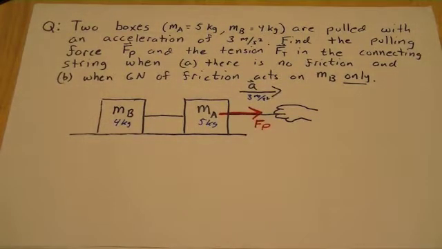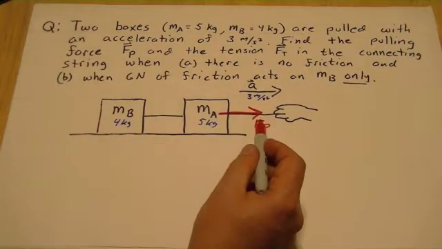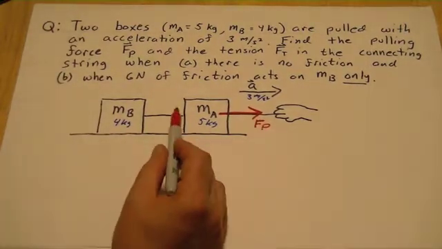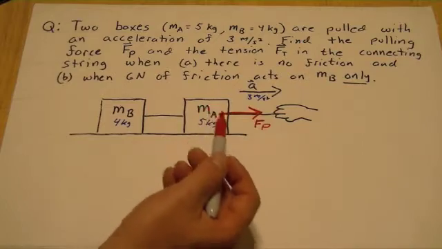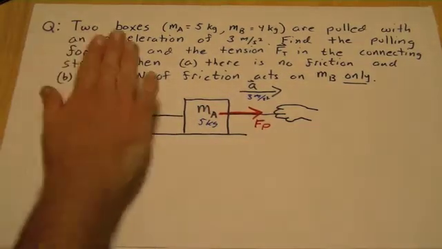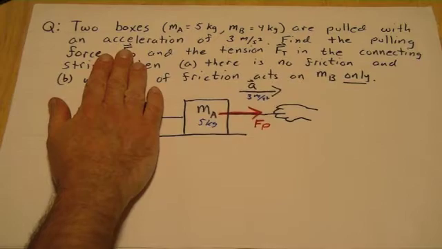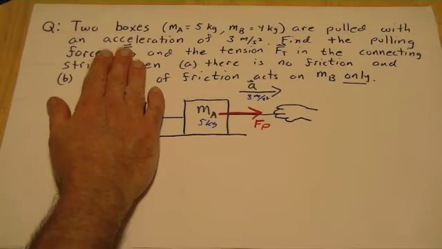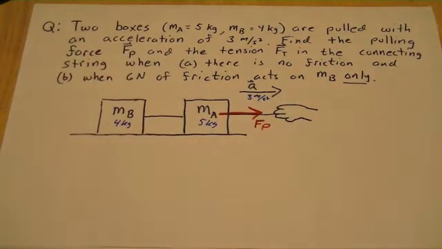Now, if this box is pulled with this string, it's easy to see that the connecting string is then going to pull the box behind it. It's also clear that if box B was not here, it would take less force just to pull mass A, the first box. Now, the thing to understand about forces on strings, tensions, is there can only be one size tension on a string at a given time.